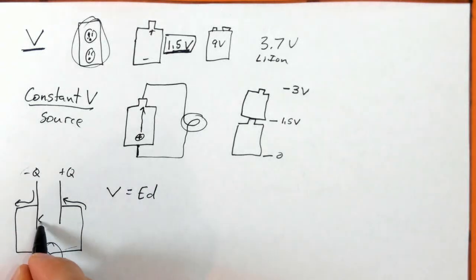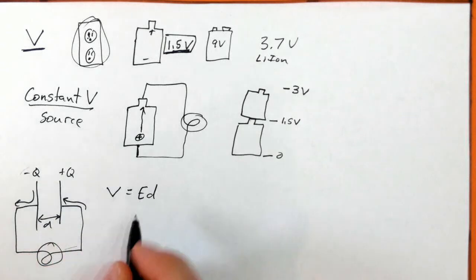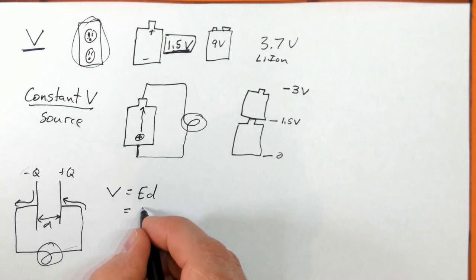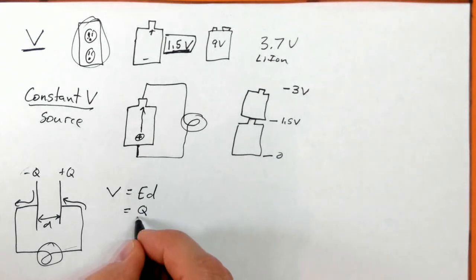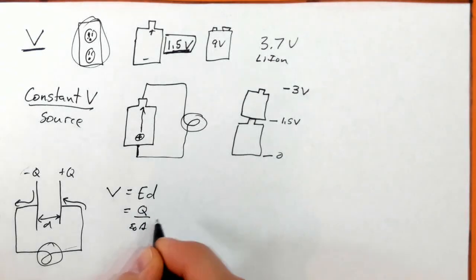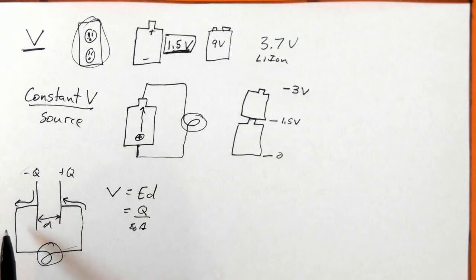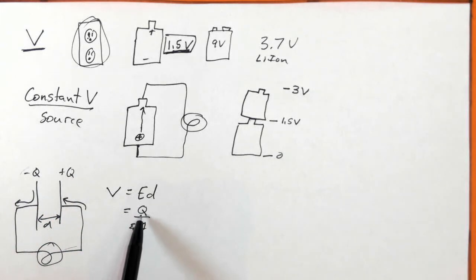If the gap is D, we know that the electric field inside a capacitor is constant, but it's proportional to Q over epsilon naught A. Well, it's constant in terms of how much charge is on it, but now I'm letting the charge decrease. So the electric field is actually getting smaller as the charge is leaking.